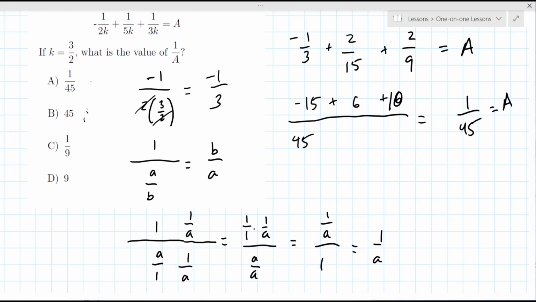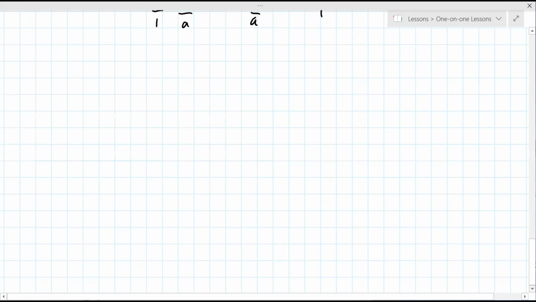So then it would be 1/45. Oh, well, yeah, 1/40. No, but then you would do, so it would be B. Yeah, it is B. So maybe let me just summarize here a few things. 1/(1/3) is the flip of this fraction, which is 3.